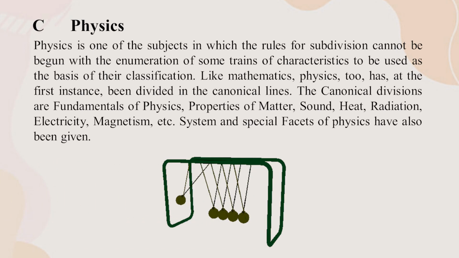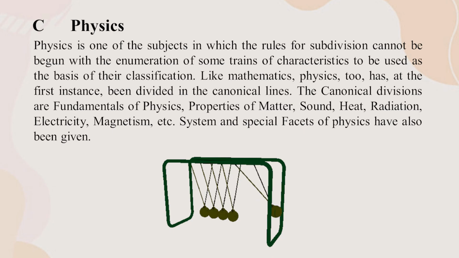Now we discuss the basic class physics. Physics is one of the subjects again in which the rules for subdivision cannot begin with the enumeration of some trains of characteristics to be used as the basis of their classification.